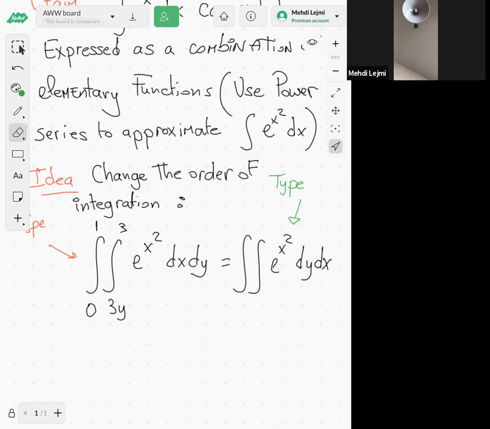So this is type 1, that's correct here, and this is type 2. Anyway, in this case, y would be between 0 and x over 3, and x between 0 and 3, right? Now I have to integrate first with respect to y.